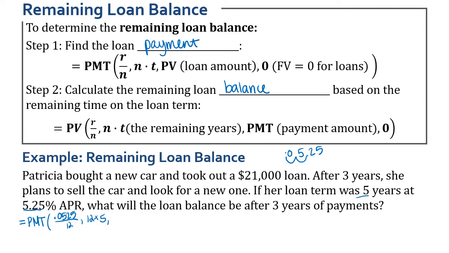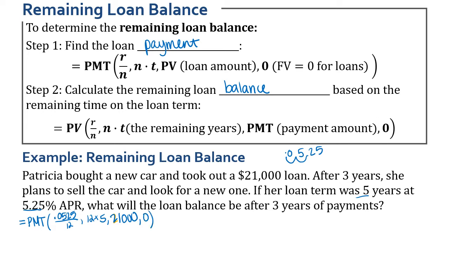Although we're looking at what her loan balance is after 3 years, to figure out what her payment is initially going to be, we have to use the regular loan term. The loan amount was $21,000. And we want the future value of the loan to be fully paid off, so we want that to be 0.